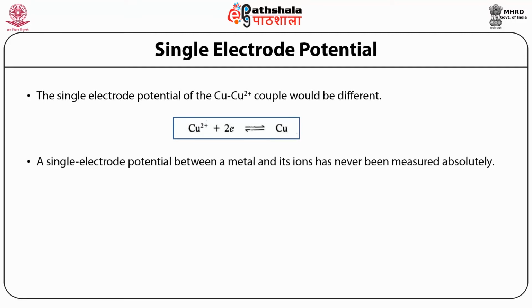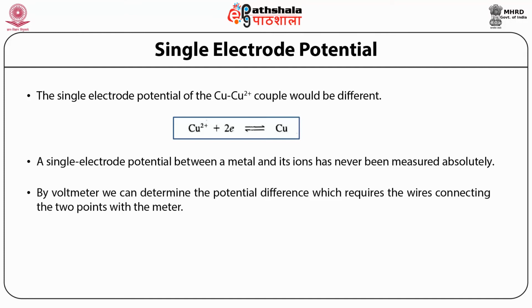A single electrode potential between a metal and its ions has never been measured absolutely. In order to determine the potential difference between 2 points, we normally employ some kind of voltmeter, and this requires wires connecting the 2 points with the metal.